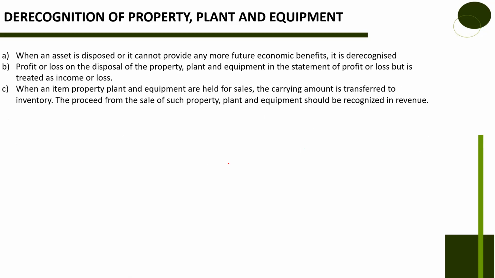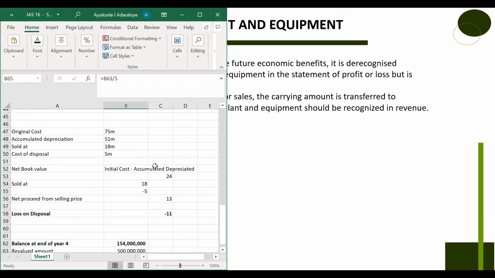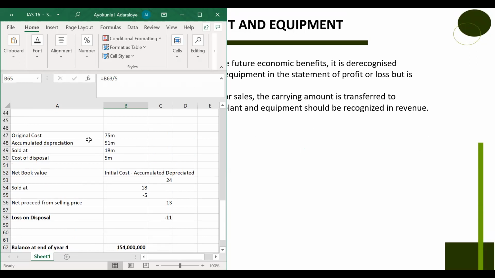When we looked at this disposal of assets, this question the other time, when we dispose this asset off, this cost that it has accumulated, we are going to remove it, right? Because we have taken it off our books.